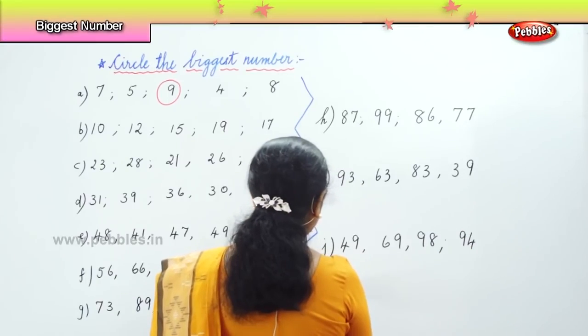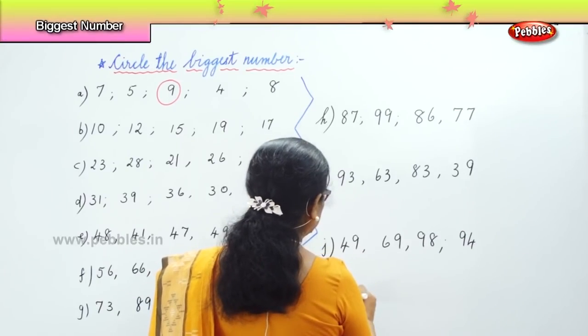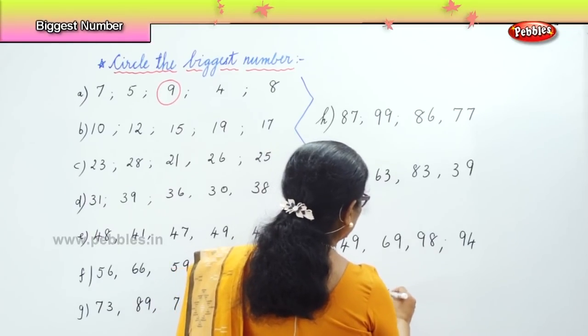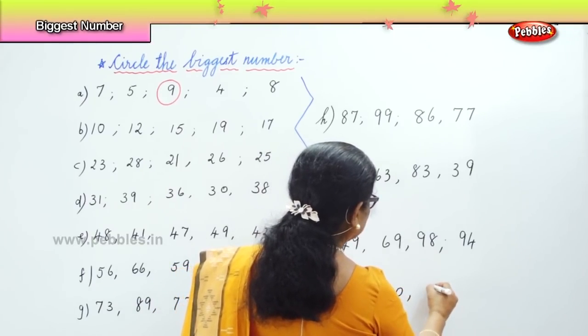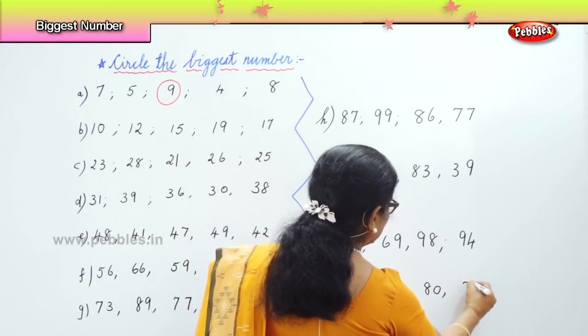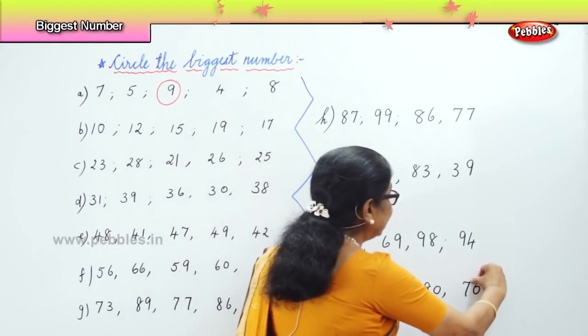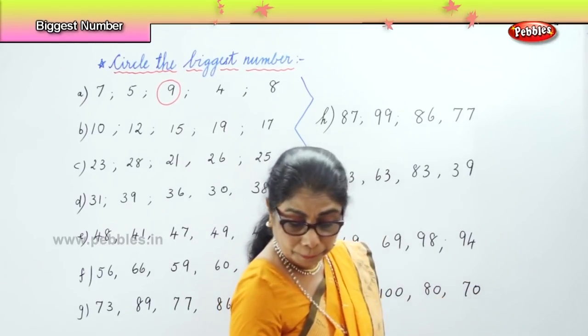And finally, we have here 20, 100, 80, 70.